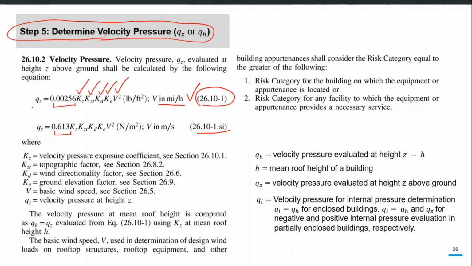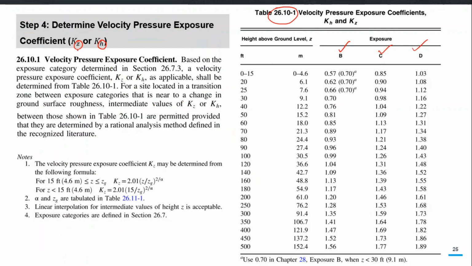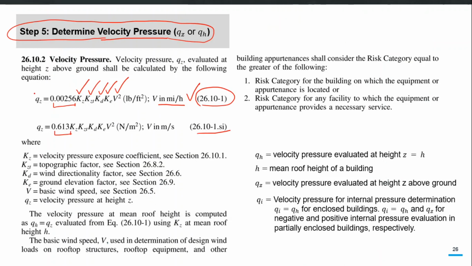The factor Kz or Kh, the velocity pressure exposure coefficient, is different for different heights, so you can calculate this qz for different heights. You can also calculate it for the mean roof height of your building, in which case it will be called qh, q sub h. For any other height it will be denoted as q sub z.